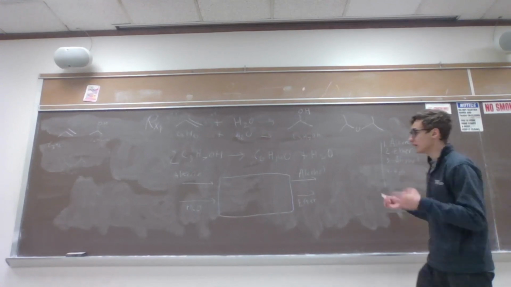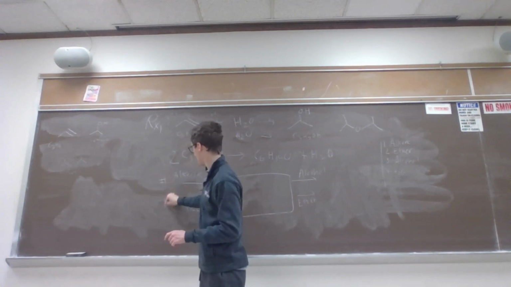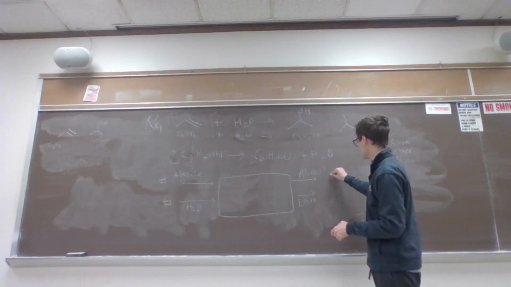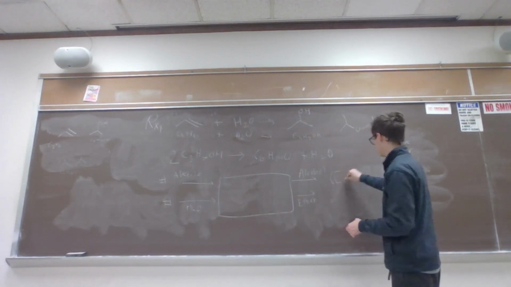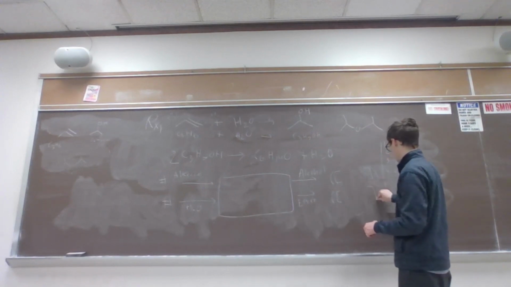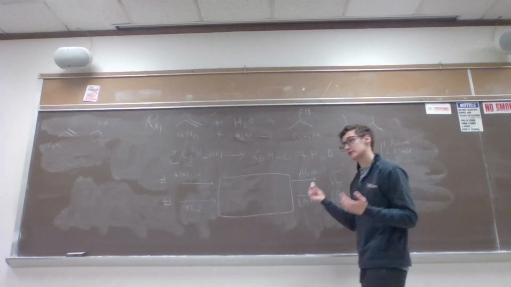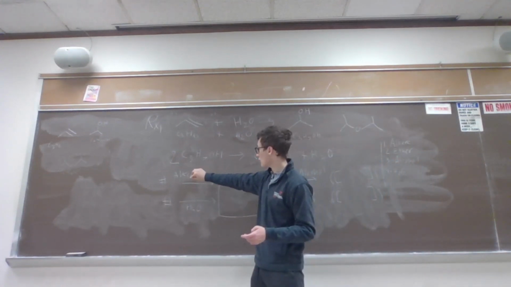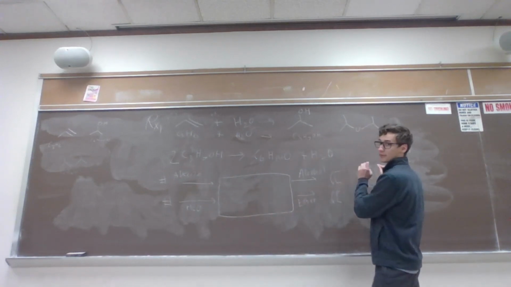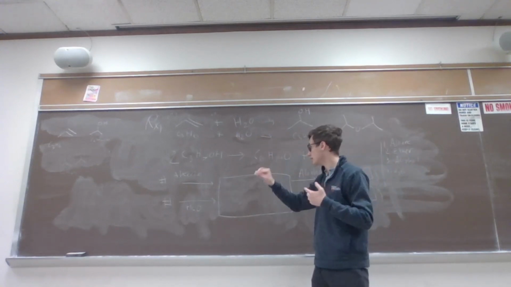And so what we're going to do is we have the numbers here, this number, this number, and the array here and the array here. We know the amount of alkene and water that come in, and because we know the stoichiometry, we know how they react.